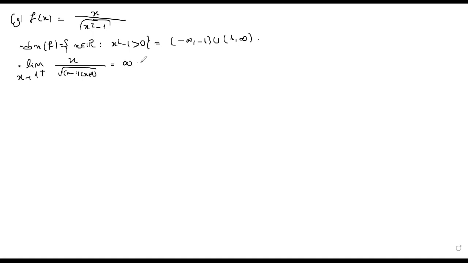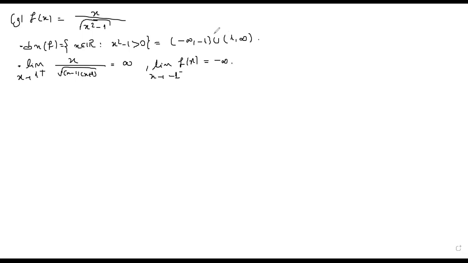Okay. And as we did these things, I will not complete them or explain them again and again. So similarly, we have this one. Sorry, it will be this minus 1 from left. It will be minus infinity.